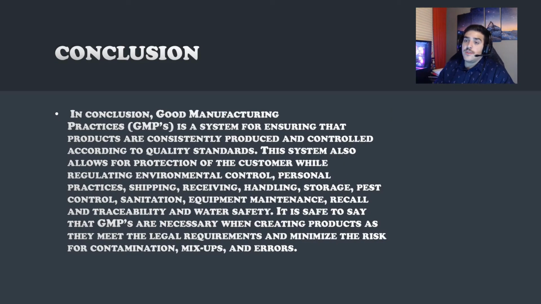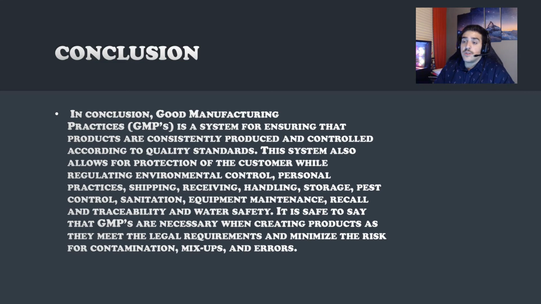And this leads me to my conclusion. So, in conclusion, good manufacturing practices, otherwise known as GMPs, is a system for ensuring that products are consistently produced and controlled according to quality standards.